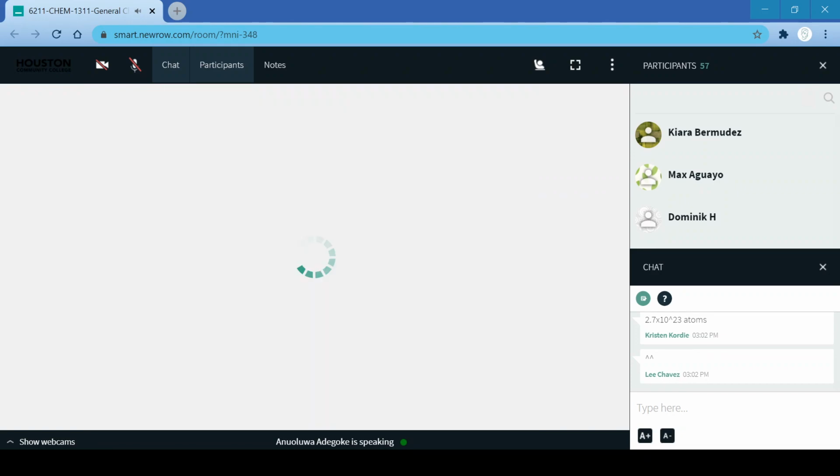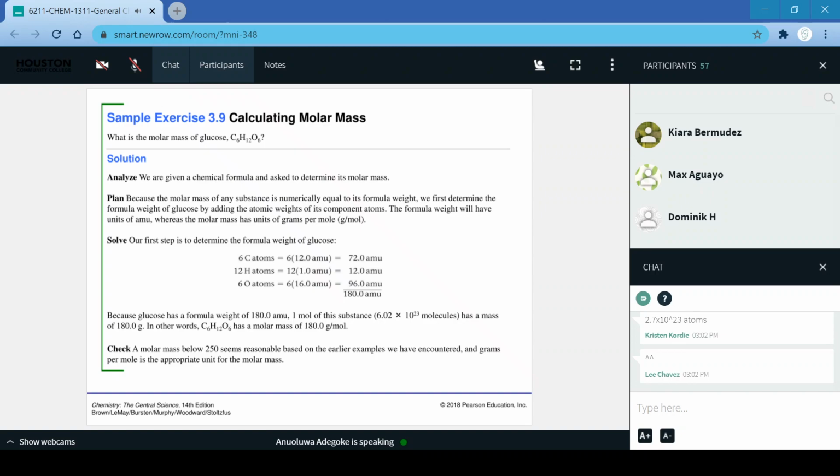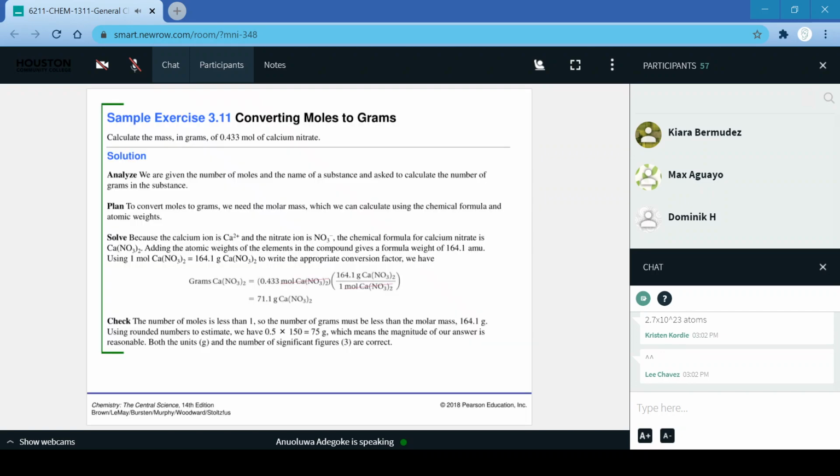Okay, so for this practice one, I do it often because the answer is not in the back of the book. So we are going to do this right now.